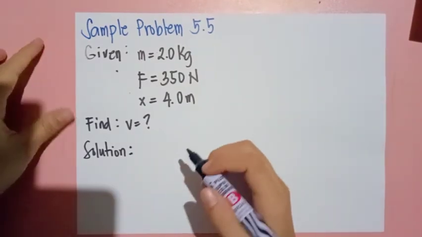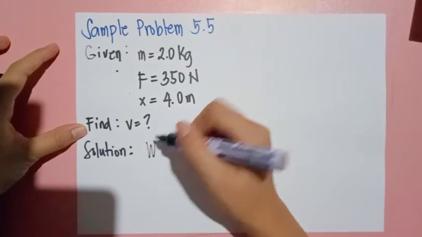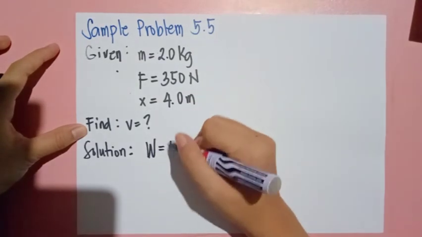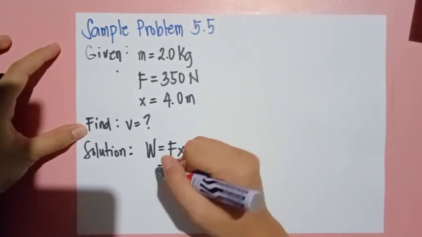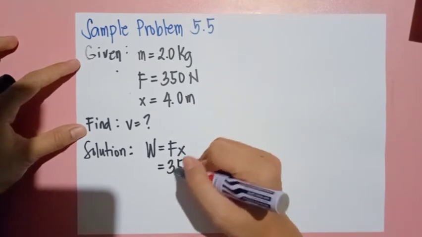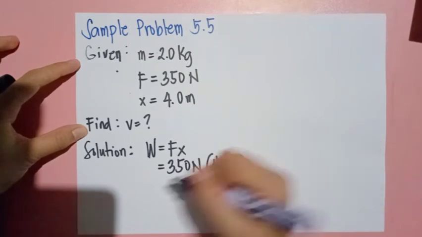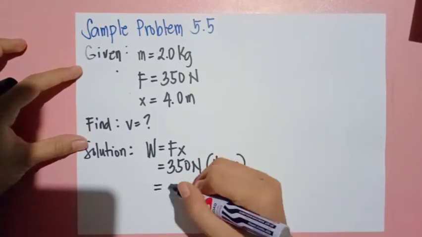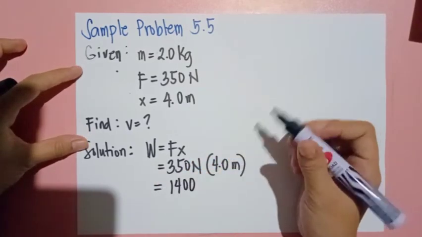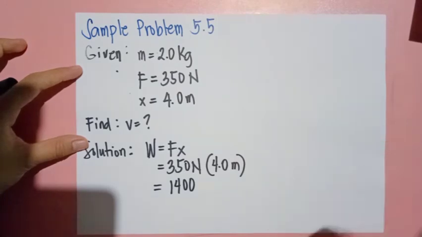For the work done, we have W equals Fx. F is 350 newtons. Multiply that to 4 meters. We get 1,400 newton meter or joules.